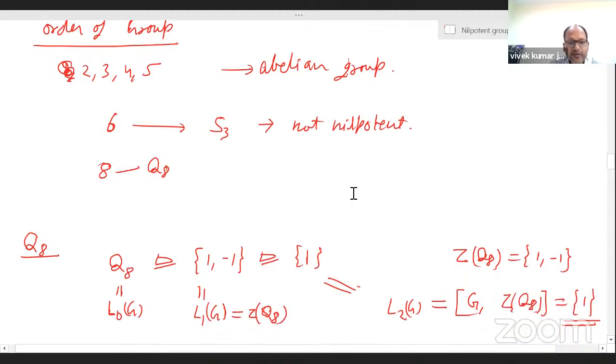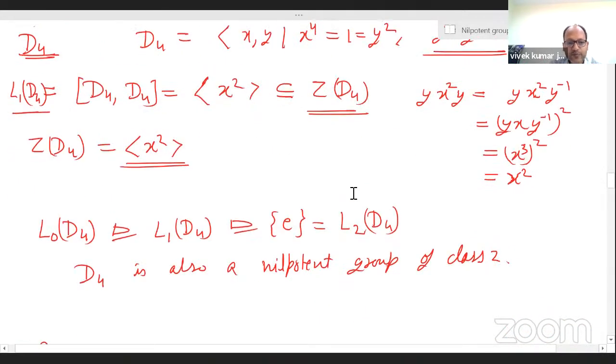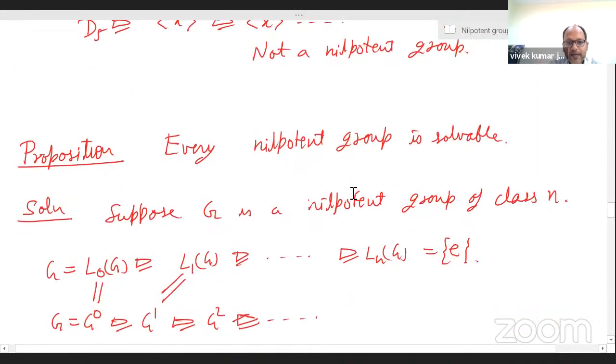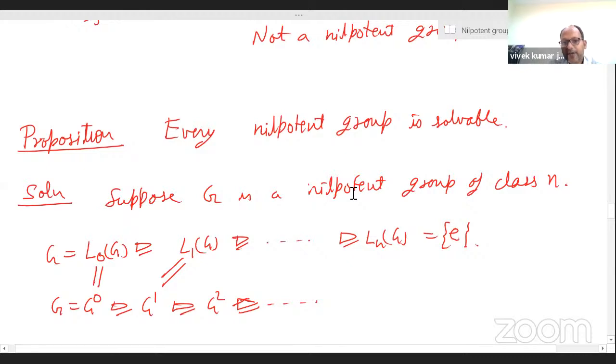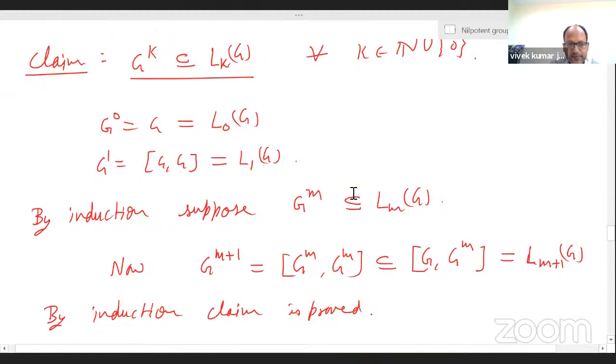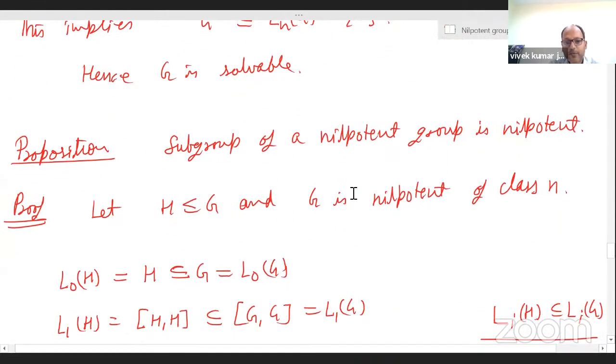And then we have seen that Q8 is a nilpotent group of class 2, D4 is a nilpotent group of class 2, D5 is not a nilpotent group. And we have also seen that every nilpotent group is solvable. Then we have proved that a subgroup of a nilpotent group is nilpotent.